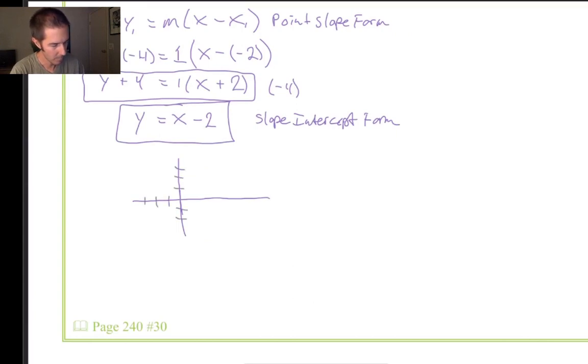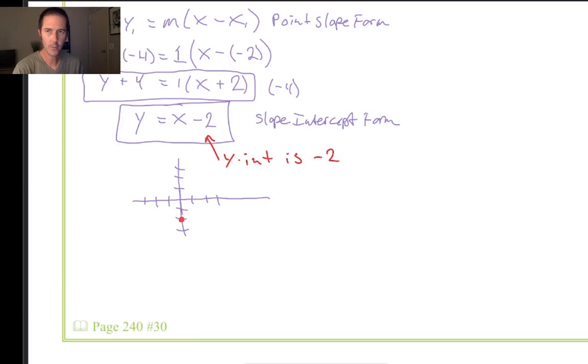And maybe we'll go 3 points in either direction. And then the first thing I'm going to do is plot my y-intercept. The y-intercept is -2. So let's plot that point, 0, -2.